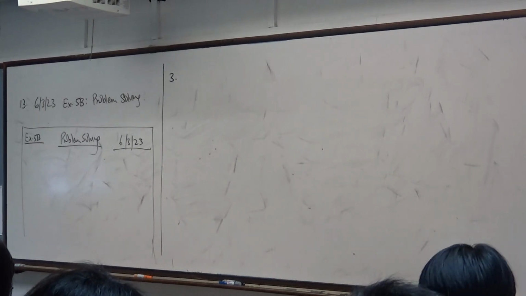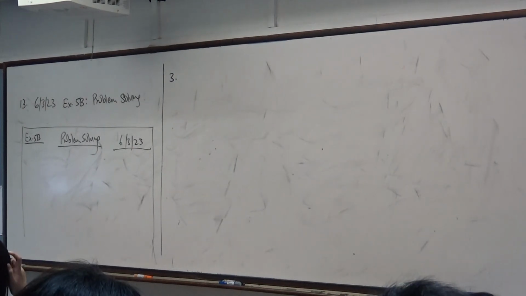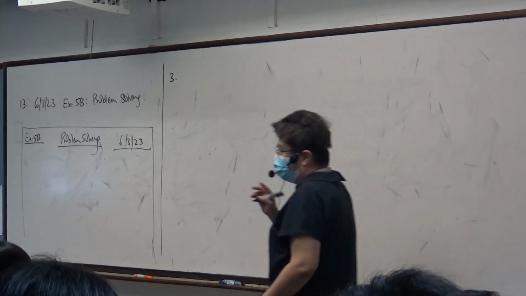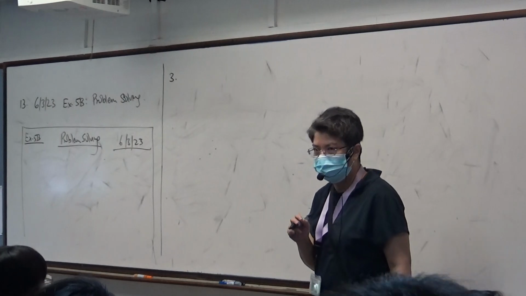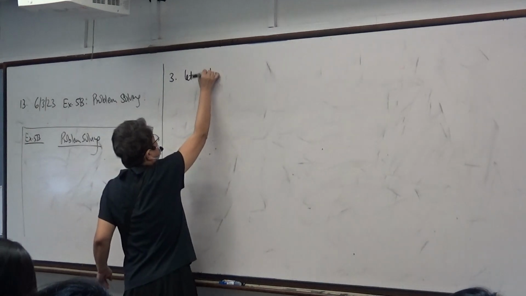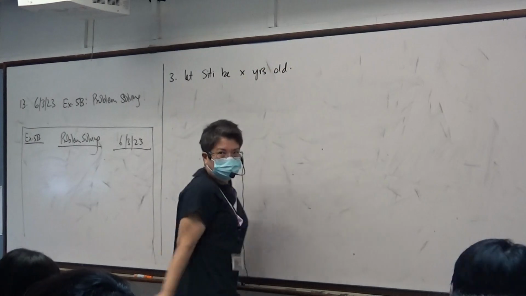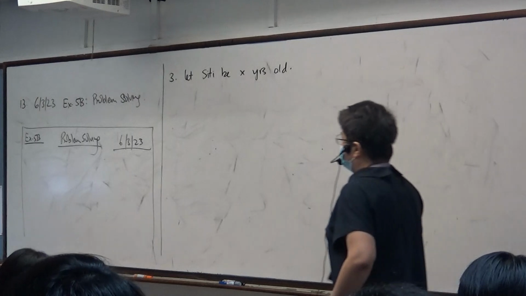Davy is 4 years older than Siti, and Yihao is 2 years younger than Siti. If the sum of their ages is 47, find their respective ages. Now, after you read, you let who be x years old? Easier, Siti, right? So, let Siti be x years old. All of you write down: let Siti be x years old.